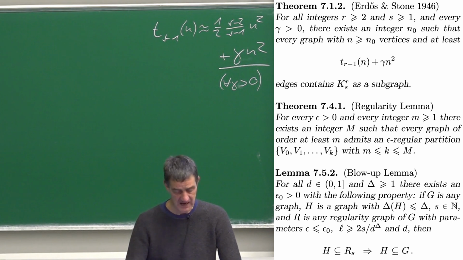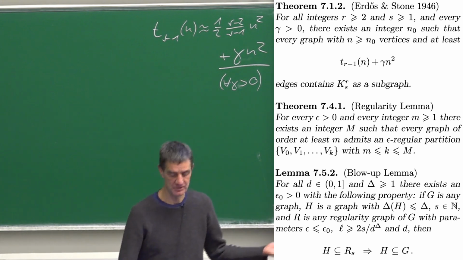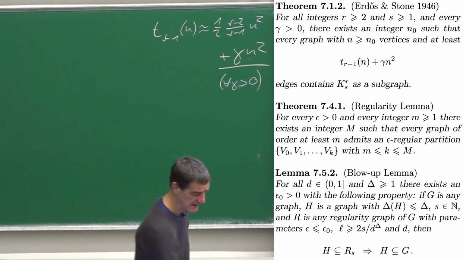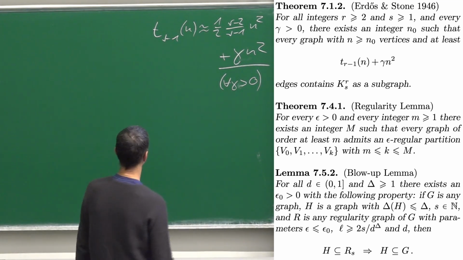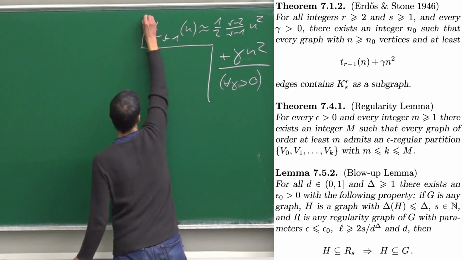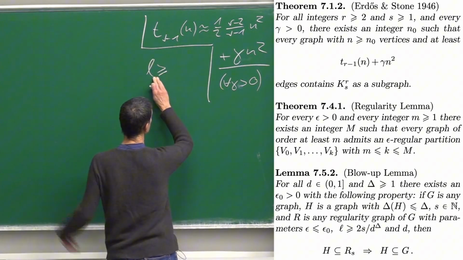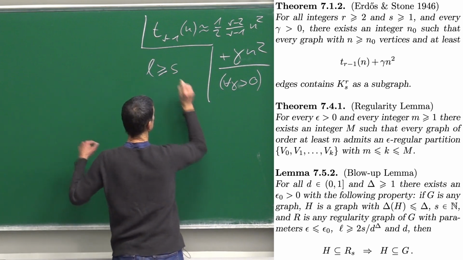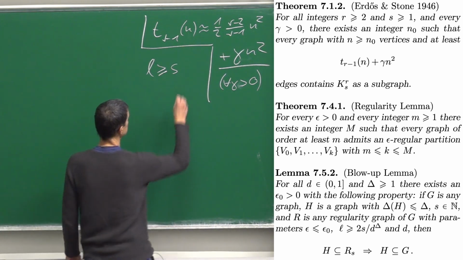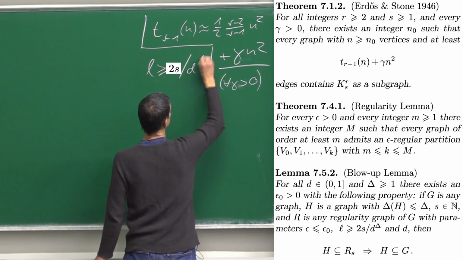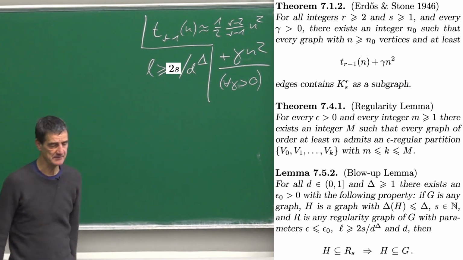Okay, so as input for the blow-up lemma, we choose big delta to be the max degree of K_r(s). We choose little d as gamma, which is not obvious. And then the lemma will return some epsilon naught, right? It also has this requirement that it only works for epsilon regular partitions whose class sizes are at least s divided by d to the delta.